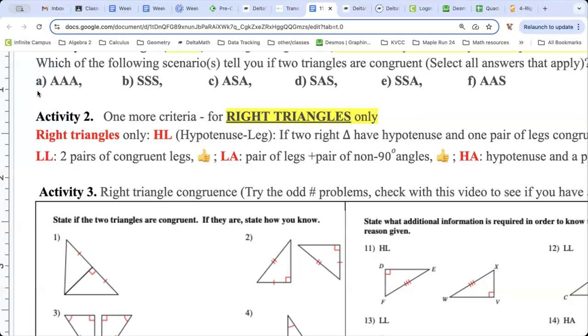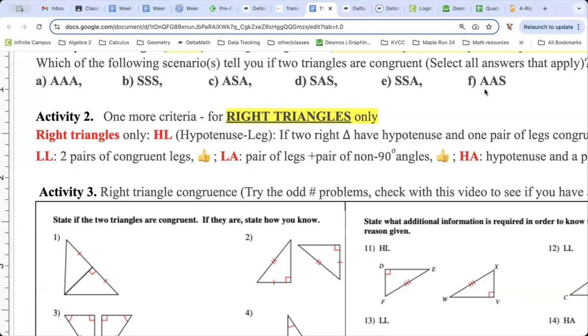Congruent means same shape, but also same size. So that's not good. And side, side, angle is not a good one either. The good ones are side, side, side, side, angle, side, and angle, side, angle.